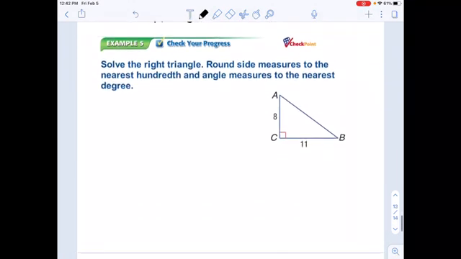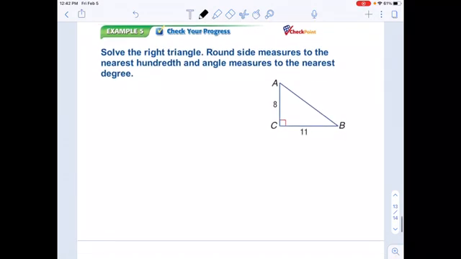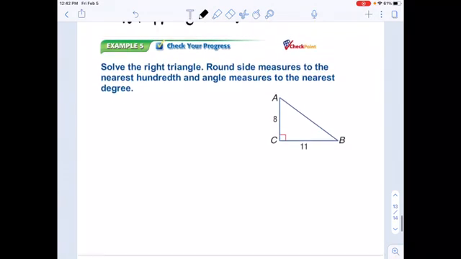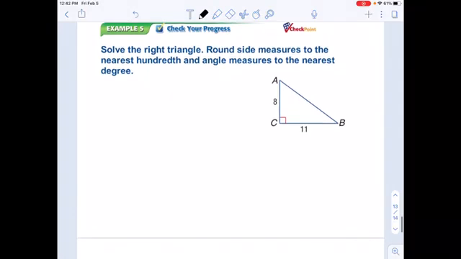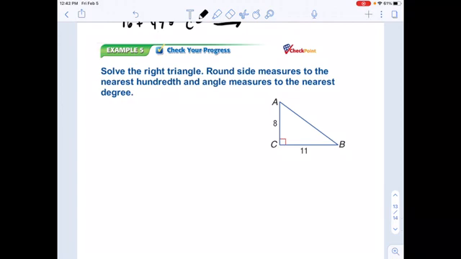We have one more like that. Solve the triangle. Round side measures to the nearest hundredth and angle measures to the nearest tenth. So we can once again just do Pythagorean theorem. I'm going to do that to start. Why not? So 8 squared plus 11 squared equals c squared.